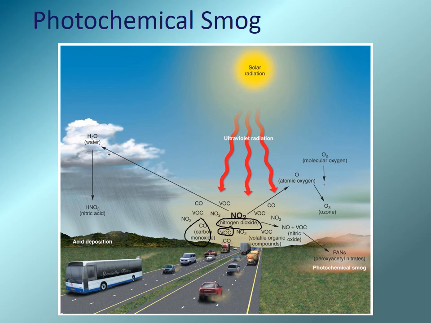Because remember, we have mountains that surround the northern and eastern side of the Los Angeles basin, and even more so in the San Fernando Valley. During the hot summer days, we have a lot of ultraviolet radiation. Not a lot, I should say, but some of it does make it down to the surface, mixes in with these gases, and creates this brownish haze known as photochemical smog.